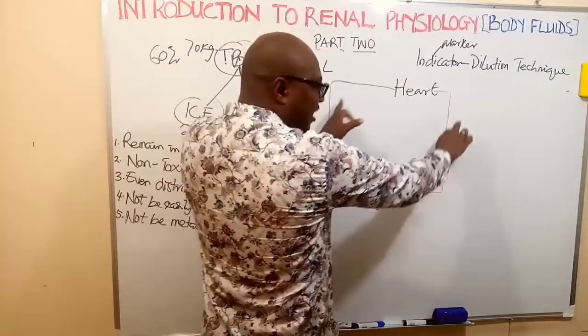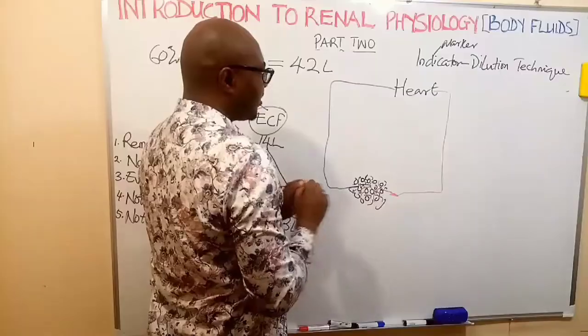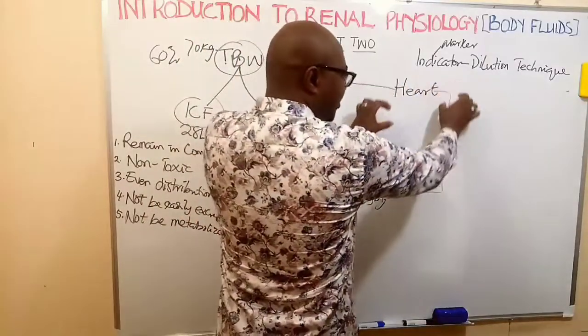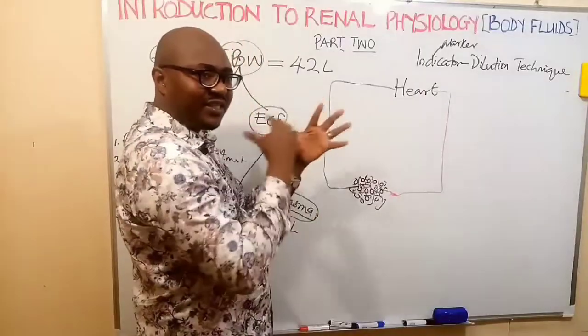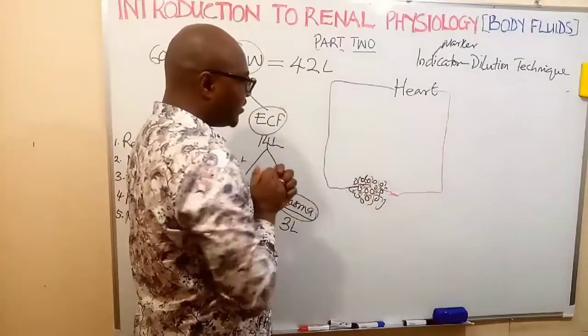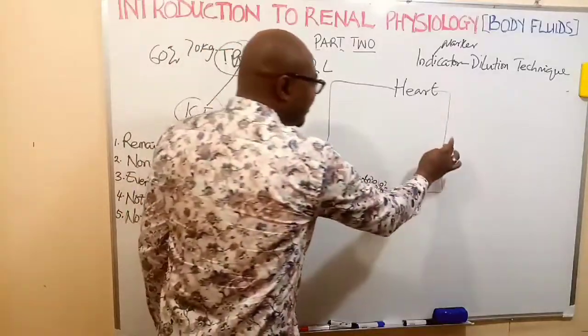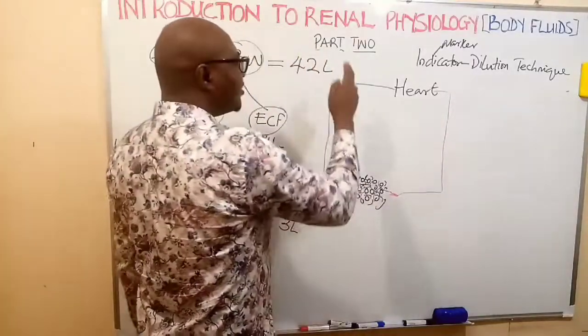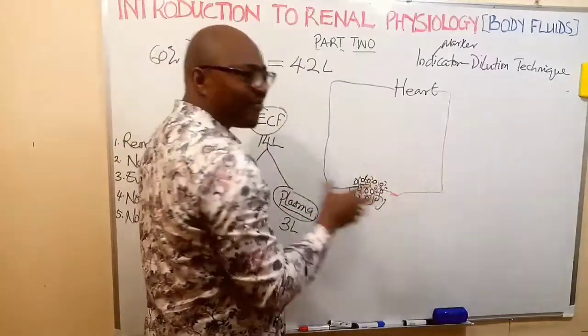This system is a closed system, very closed. Okay, from the heart is connected to the arteries, to all the tissues. This is just a representation of different tissues and organs in the body. Okay, so anything that enters here will go to all the body. Anything that enters the veins will go to every part of the body.